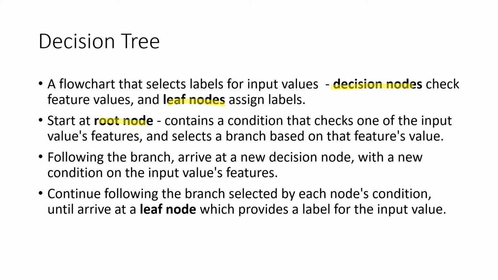This node contains a condition that checks one of the input value's features and selects a branch based on that feature's value. Following the branch that describes our input value, we arrive at a new decision node with a new condition on the input value's features. We continue following the branch selected by each node's condition until we arrive at a leaf node which provides a label for the input value.